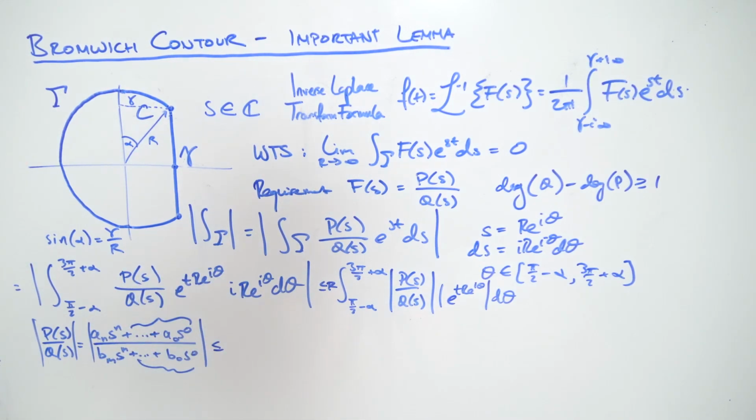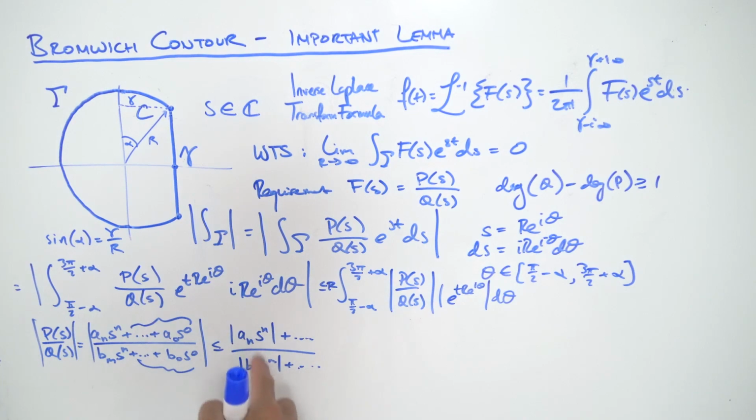You can probably try it out for yourself and you should get the same thing that I'm getting, but you should be able to write it as the absolute value of a sub n and then s to the n. And then you have a bunch of absolute value terms on the end that we don't really care about. And also this is divided through by b to the m, s to the m, plus a bunch of other terms that we don't really care about.